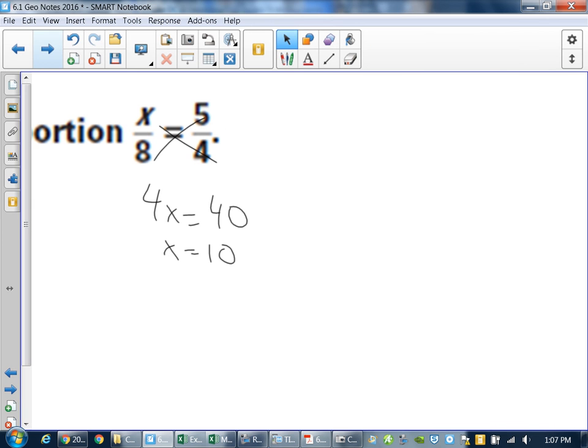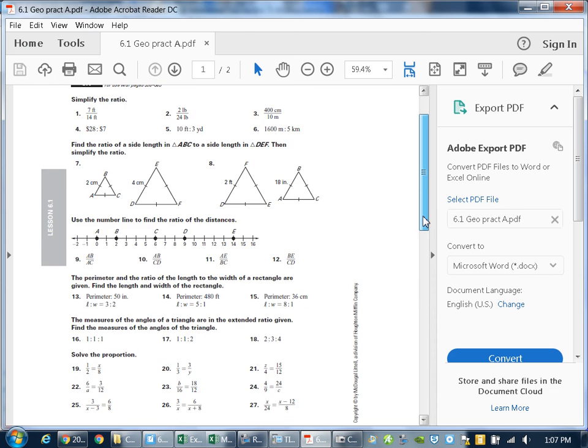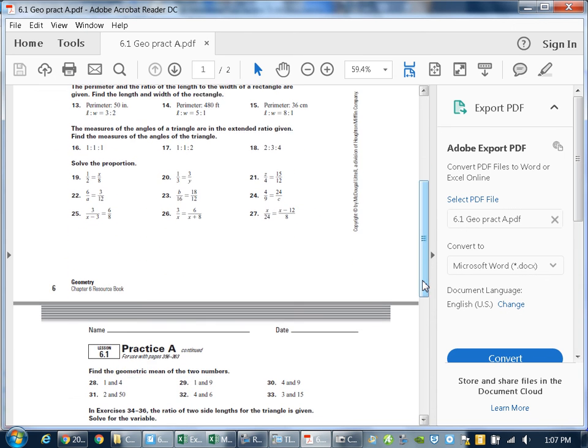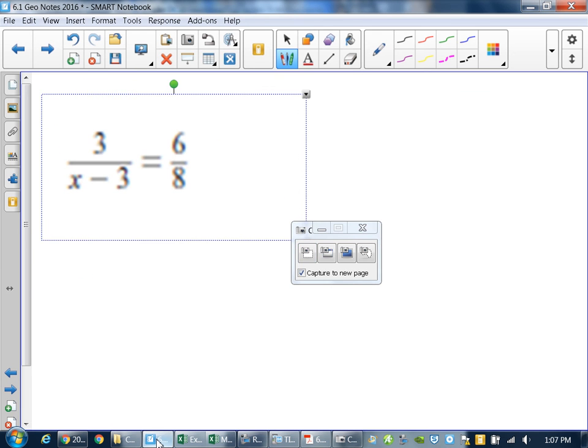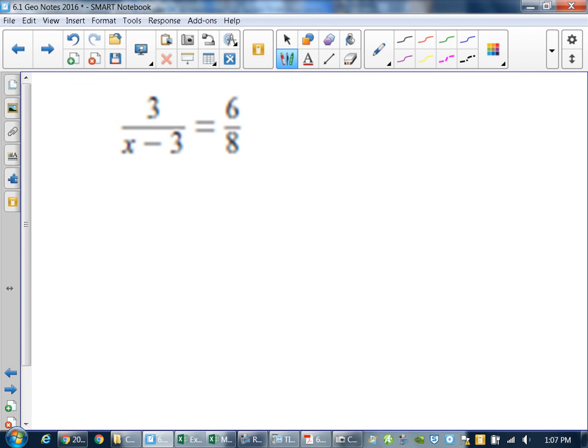Now, you could also do this. What if I didn't do that? You'd have to distribute. Is it still fraction equal fraction? Yeah. So 3 over x minus 3 is 6 over 8.